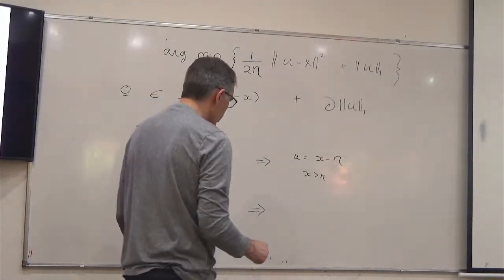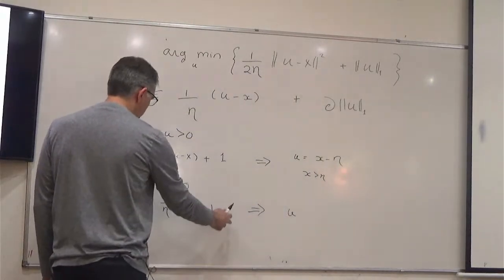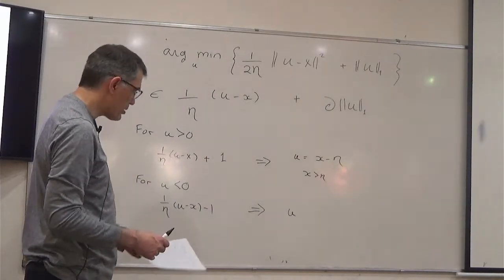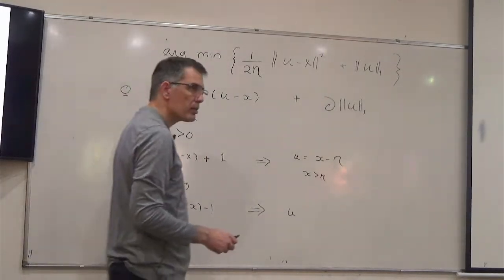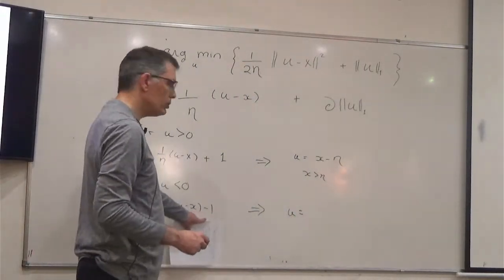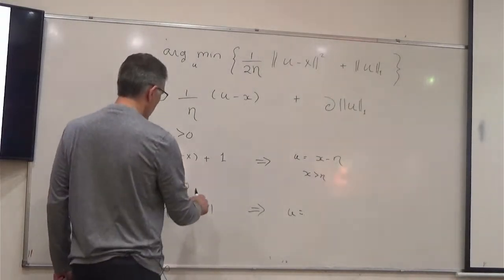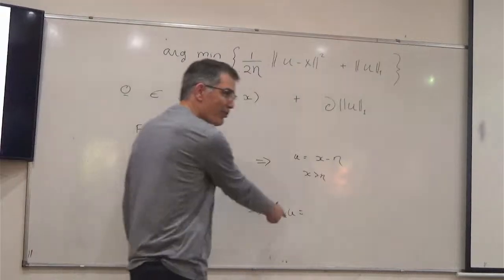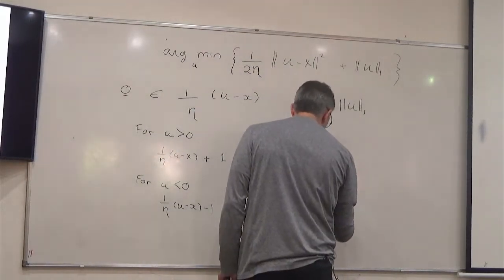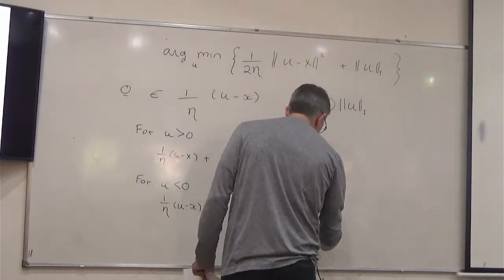And this is going to give me, if I set this equal to 0, put the 1 on the other side, cross multiply by eta, and isolate the u, I get x plus eta. And then this will work provided that x is less than minus eta.